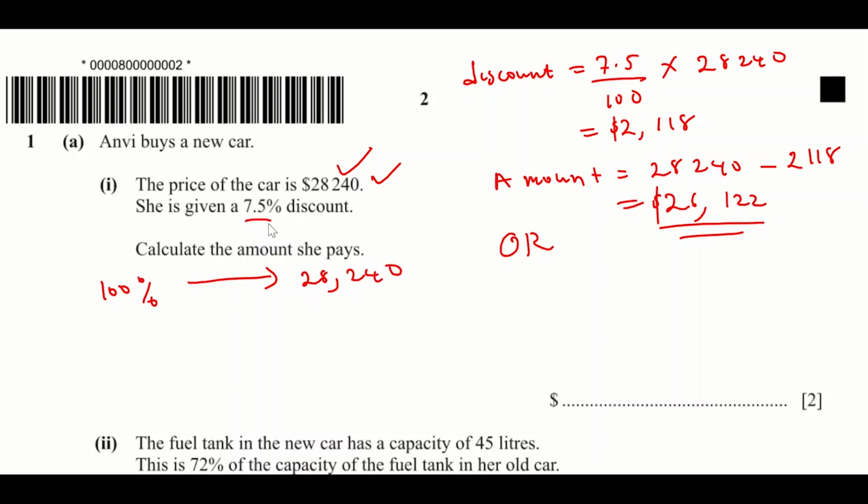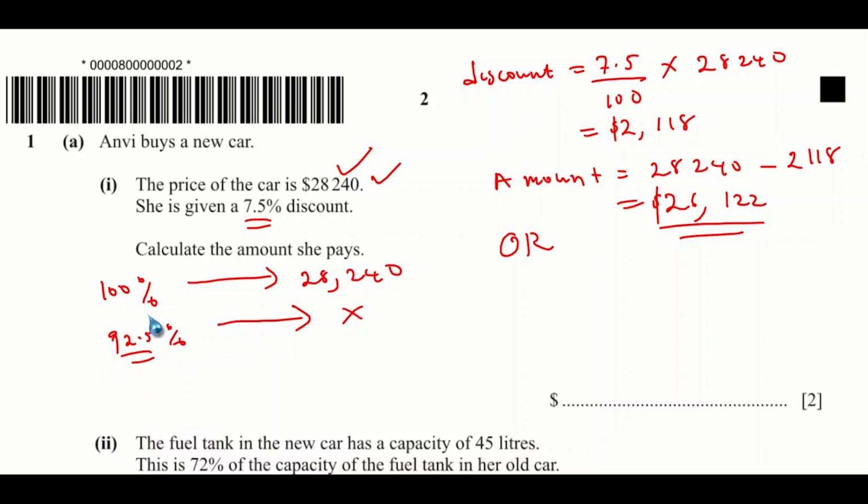If a discount of 7.5% is given, we want to find the price of the car when the percentage is at 100% minus 7.5%. So 100% minus 7.5% will give you 92.5%. So what will be the price of the car at this percentage?